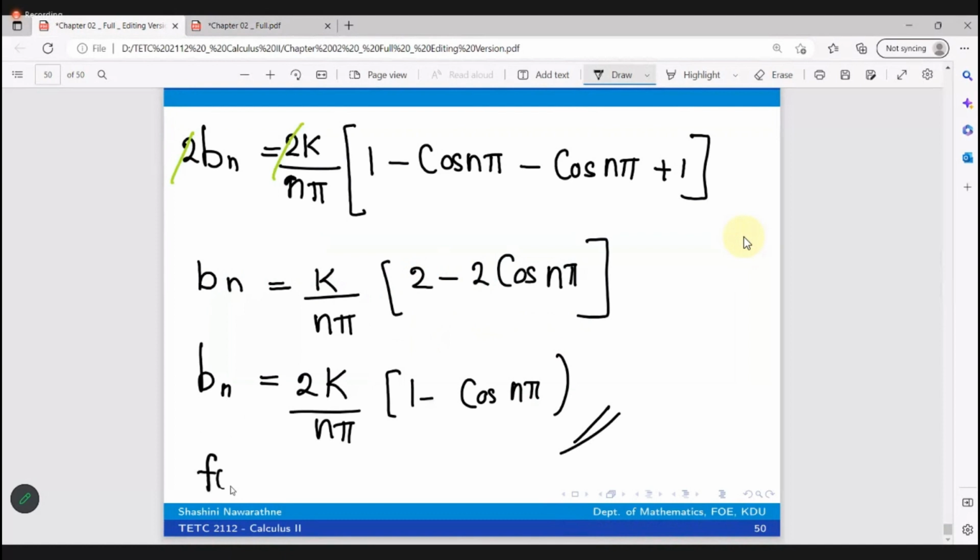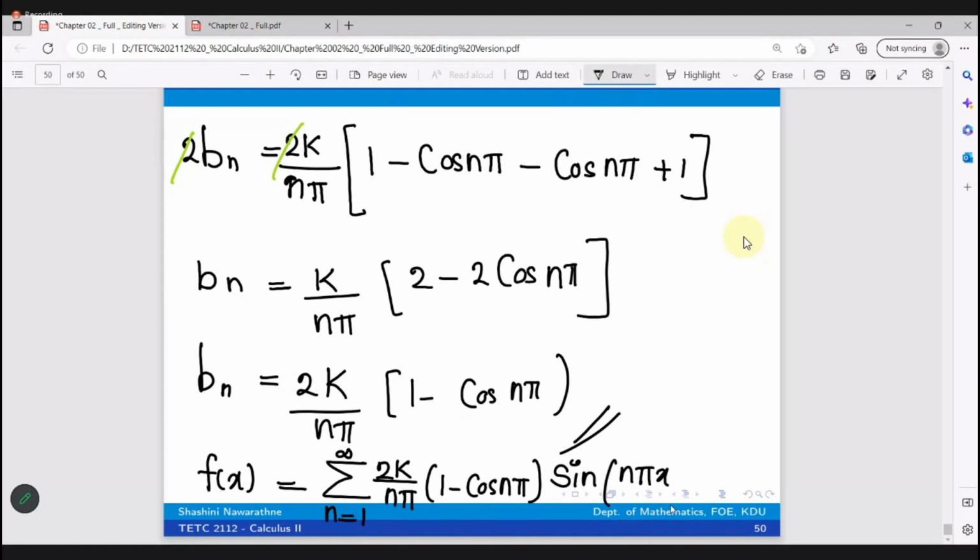F of x, the Fourier series, is equals to summation from n is equals to 1 to infinity, our bn, 2k over n5 times 1 minus cosine n5 times, since this is bn, it should be sine n5x over 2.